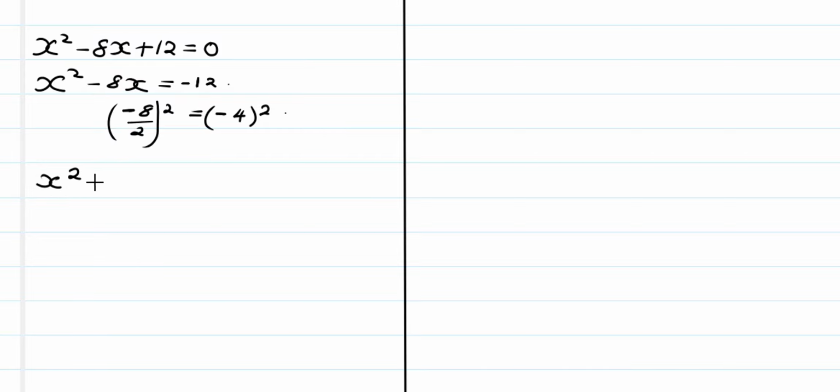So it becomes x squared minus 8x, then plus this negative 4 squared, and again minus this negative 4 squared, is equals to negative 12. Don't forget the reason why I'm using negatives here is because the coefficient here was negative 8, so I picked it with the sign.